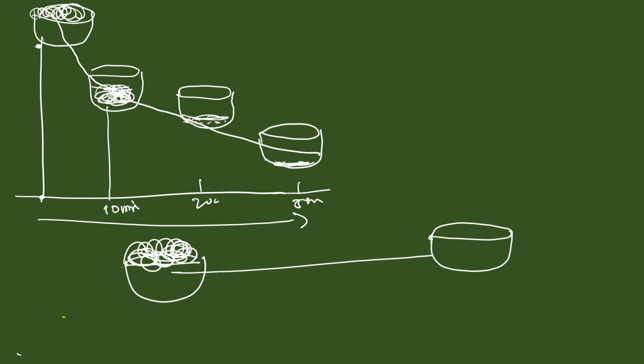So if I want to write the rate equation for this analogy, I'm going to say that my rate equals the change in the amount of rice over the change in time.